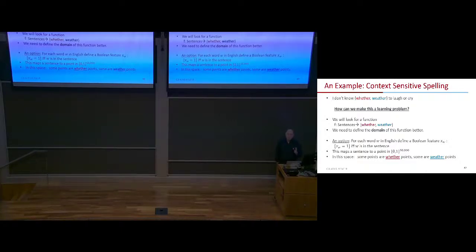That's it. Now, my sentence is going to be a point in the 50,000 dimensional space. 50,000 is the size of my dictionary, where most of the 50,000 dimensions are going to take the value 0. And a few of them, those that are present in the sentence, are going to be 1. Okay? So it's going to be a very, very sparse vector of dimension 50,000.